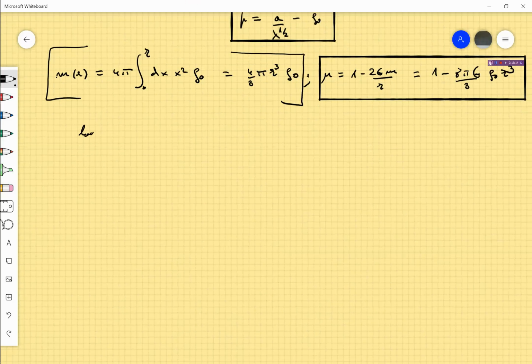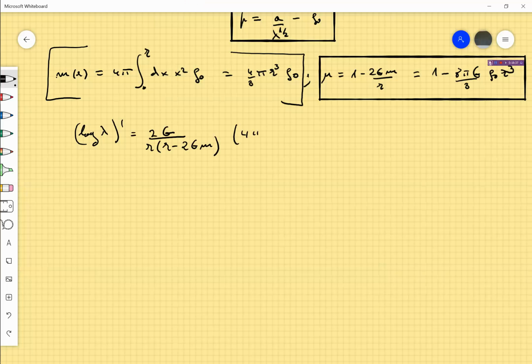So it is log lambda prime was minus 2g over r minus 2gm, times 4 pi p r cubed plus m.